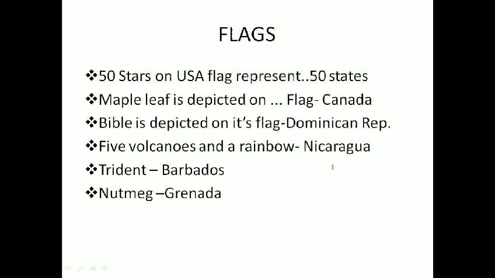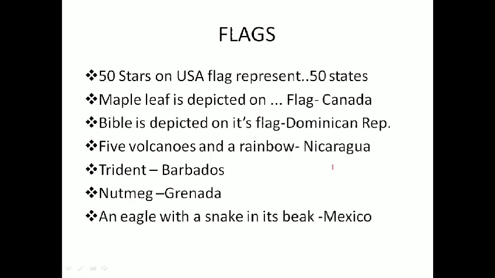And next is the nutmeg, the agricultural product. The nutmeg can be seen on this country's flag, that is Grenada. And an eagle with a snake in its beak is shown on this country's national flag. Okay, that is Mexico. Now you have seen how flags also can be a way to learn and remember more countries because these are unique.